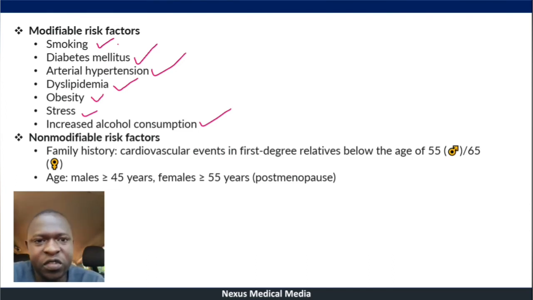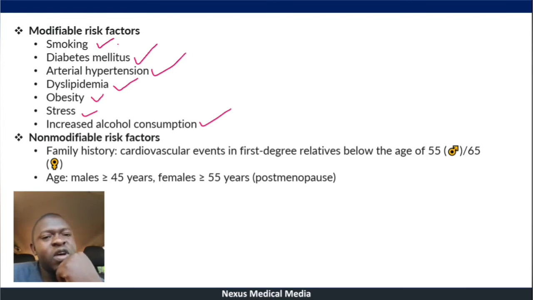Cool. Non-modifiable risk factors: this is genetics, family history. If in your family someone, like a male, had a cardiovascular event below 55, or a female below 65, that's a risk factor, and there's nothing we can do about it. And also age. Males above the age of 45 years and females above the age of 55 years, post menopause, after menopause.